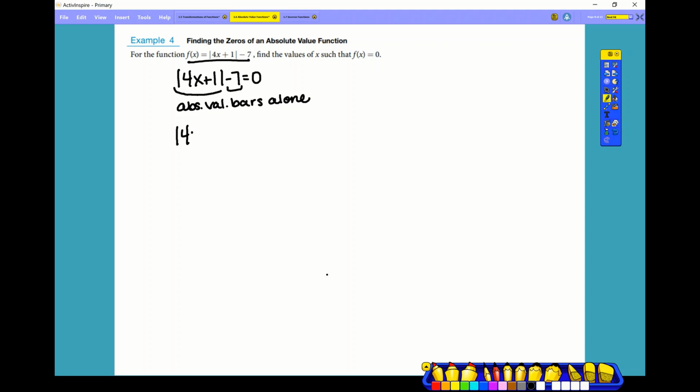So we'll get the absolute value of 4x plus 1 equals 7. And you know what? That's positive, so we're good to go. We can keep moving. Now we're going to get 4x plus 1 equals 7, or 4x plus 1 equals negative 7.